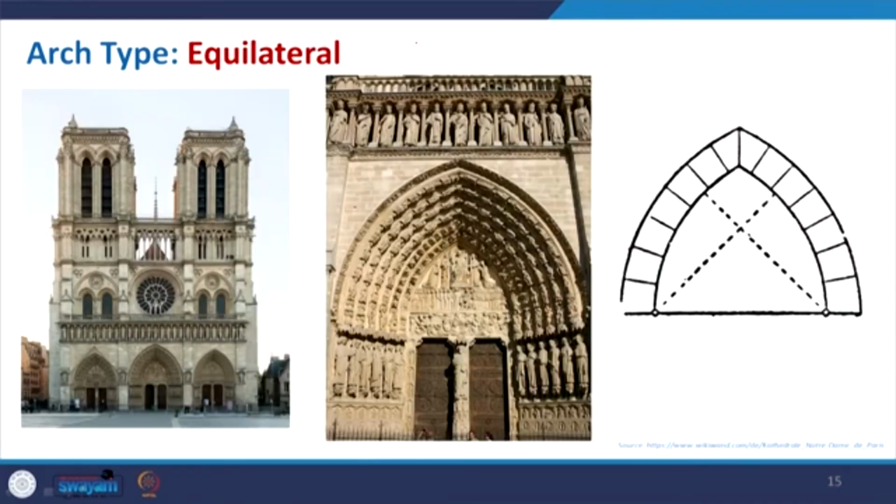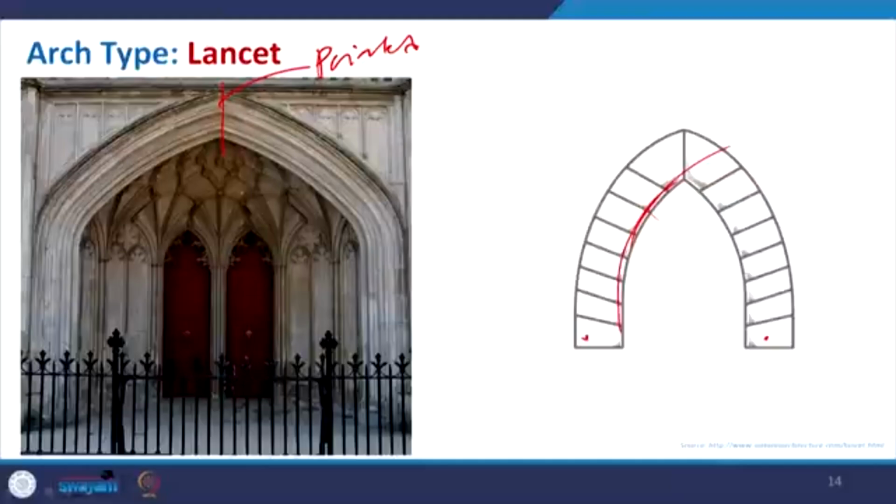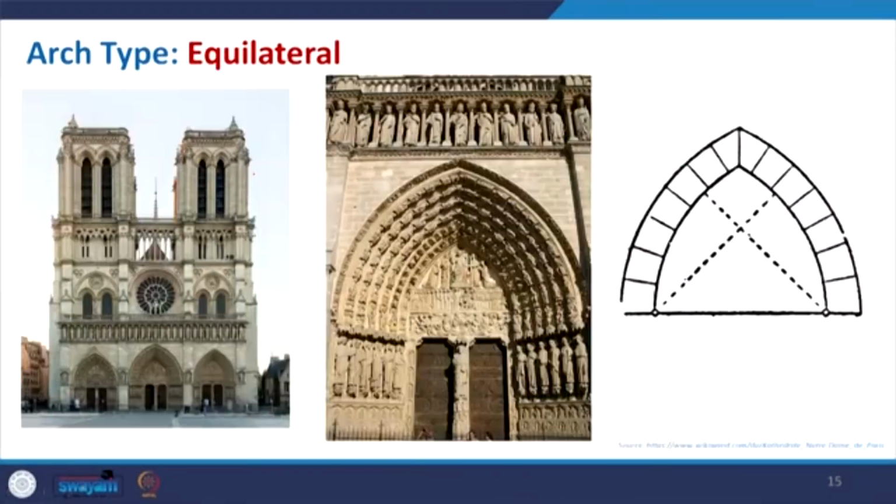Then coming to the equilateral arch, which we also found at the Gateway of India in Mumbai. Here the arch is formed similar to the lancet, but the span is such that both ends are considered to be the centers of the arch, and that forms this particular structure.